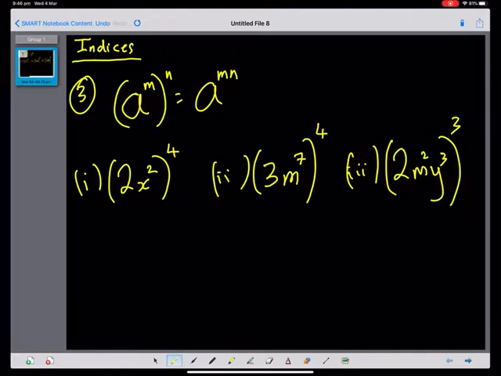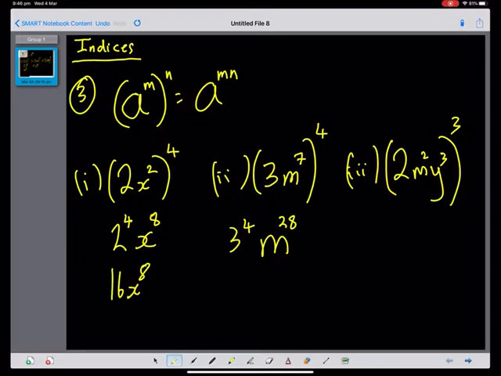Okay, so hopefully you've had a go with them. So that is 2 to the 4 to the 8. 2 2s are 4. 2 4s are 8. 2 8s are 16. So we get 16x to the 8. Okay, so here we have 3 to the 4. 4 7s are 28.